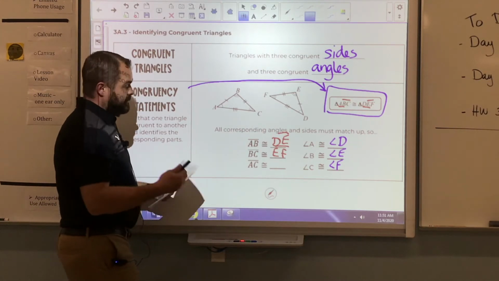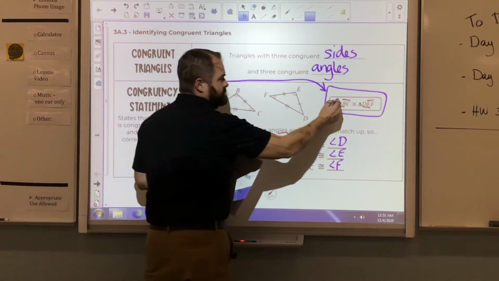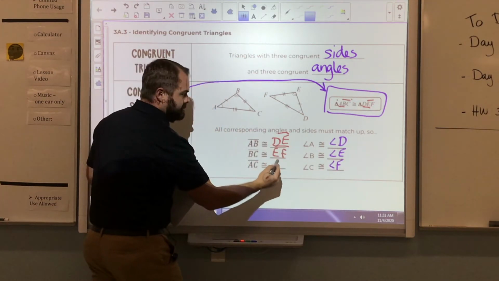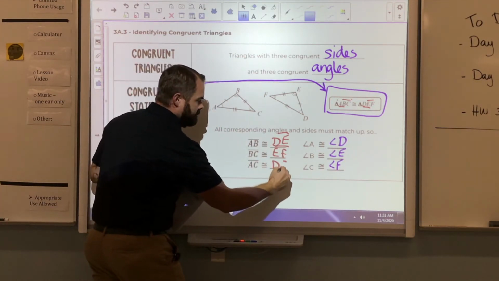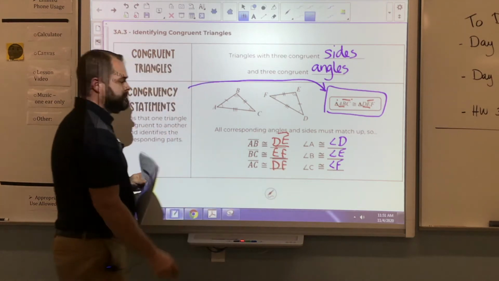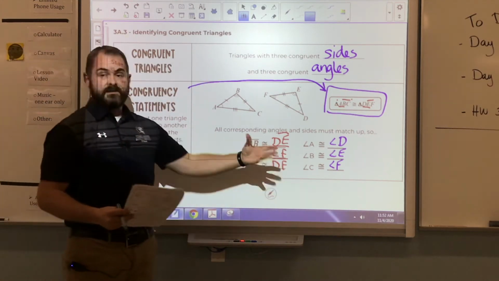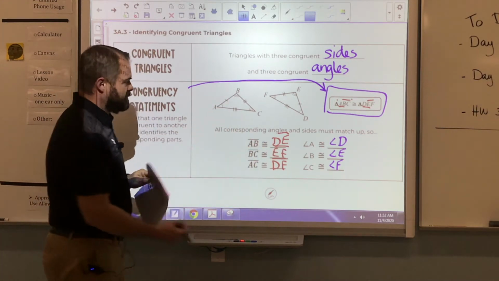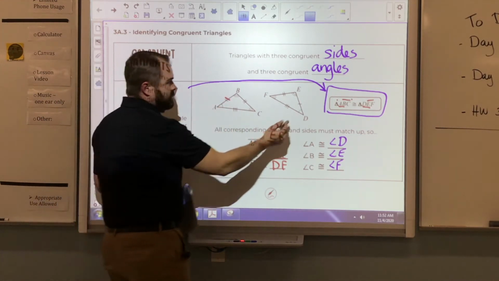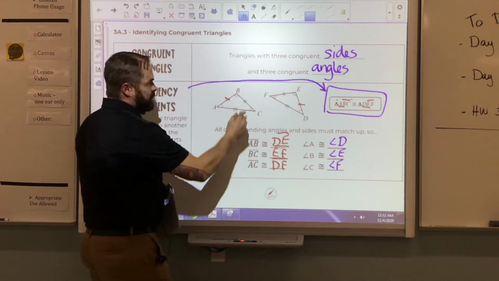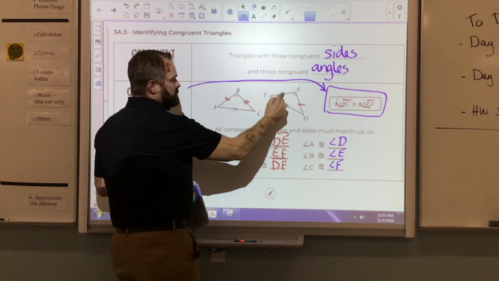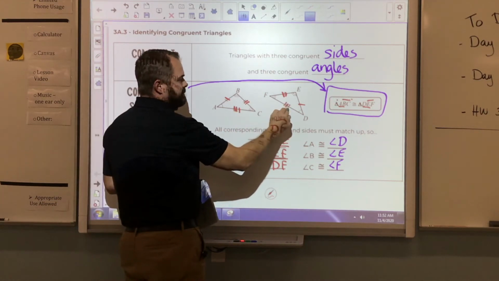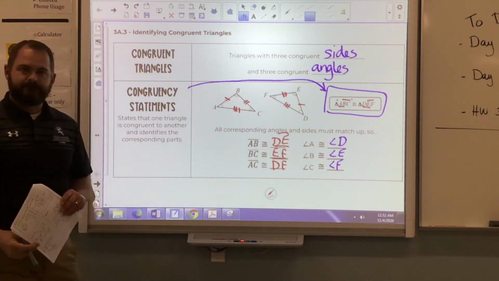And then we have AC, with A the first one and C the last one, which would have to be congruent to DF. And so the corresponding parts also match up. You can tell these segments are congruent by their corresponding markings. AB congruent to DE, BC congruent to EF, and AC congruent to DF. And those markings match up.